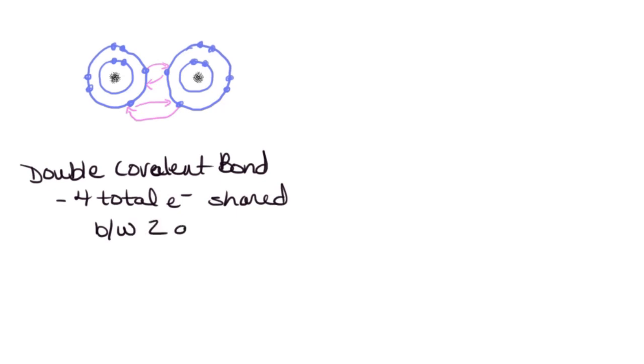The simple way of drawing this, and it does get a little messier when we try to draw these with more than just one pair of shared electrons, is if we put our 2 oxygens there and we use those dashes to represent the covalent bonds. If it's a double covalent bond, you're going to see 2 of the lines in between those 2 atoms.